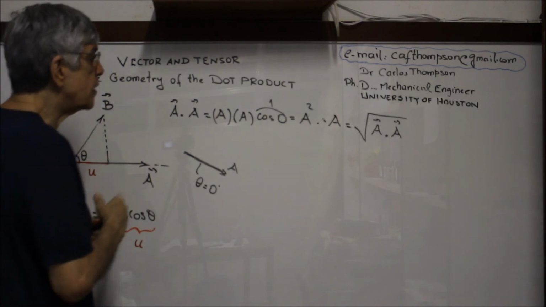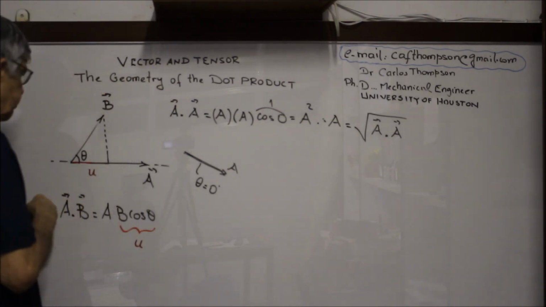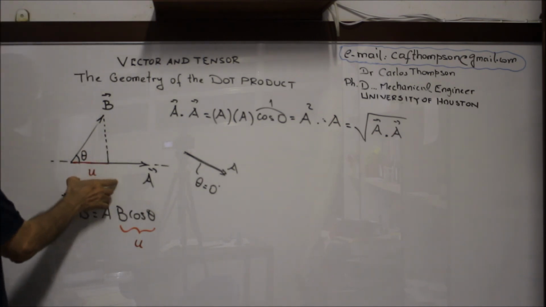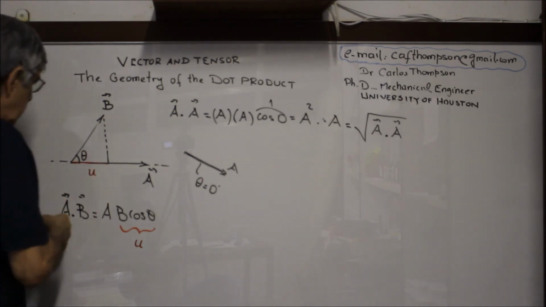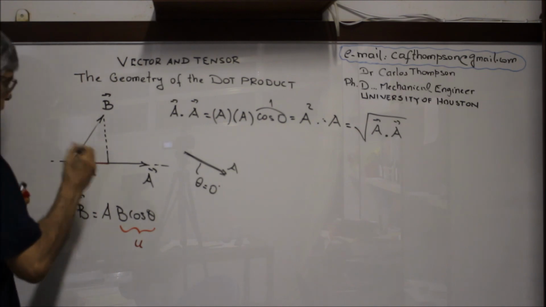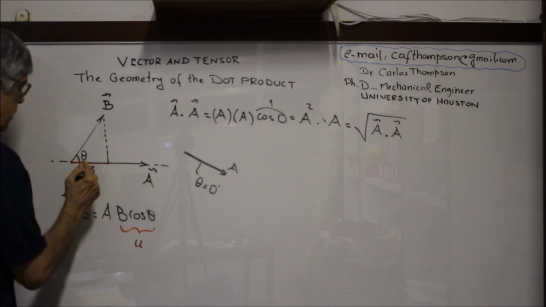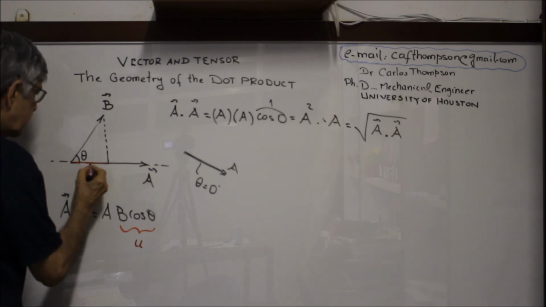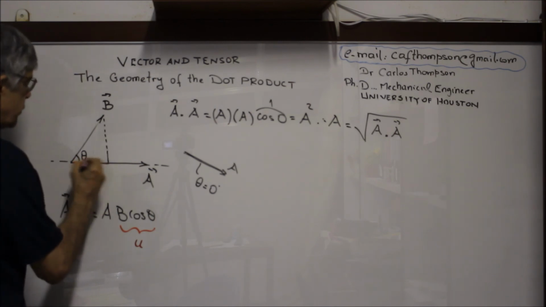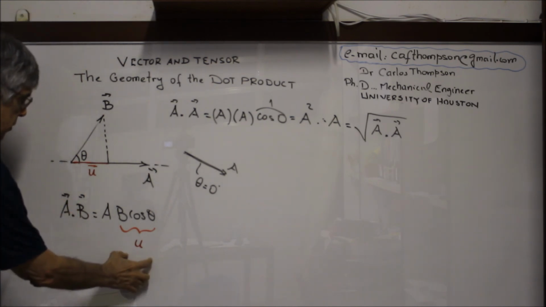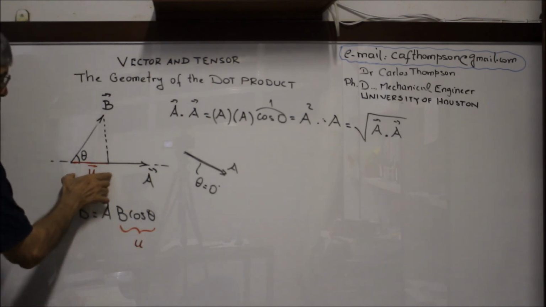And there's another one. Now from this figure here, suppose I call this length u. There's a vector u. You see, u is a scalar, and this is vector u.